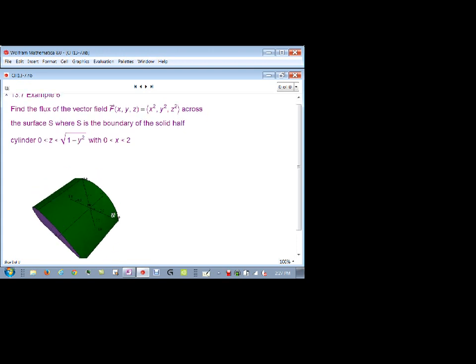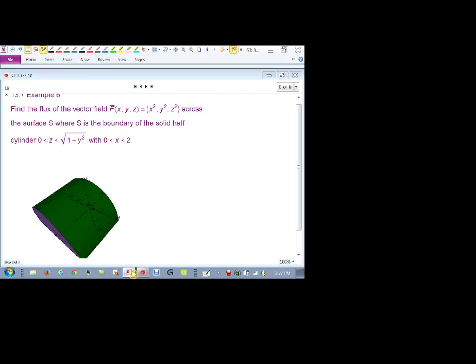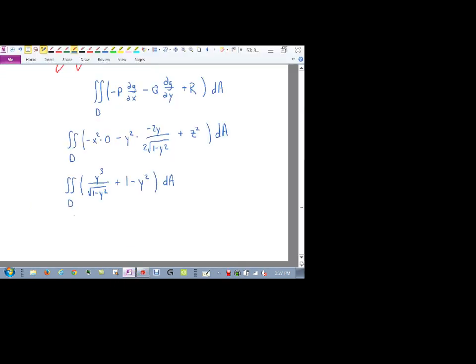My y's are between negative 1 and 1. So I'll go 0 to 2, negative 1 to 1 of all that junk. See, x was 0 to 2, y was 0 to 1.